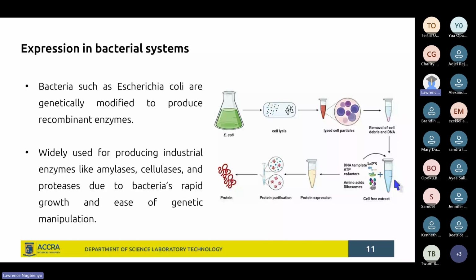Then that can be separated, and you undergo further purification processes until you now have your purified protein, which will be the enzyme which will then be used in other industries.